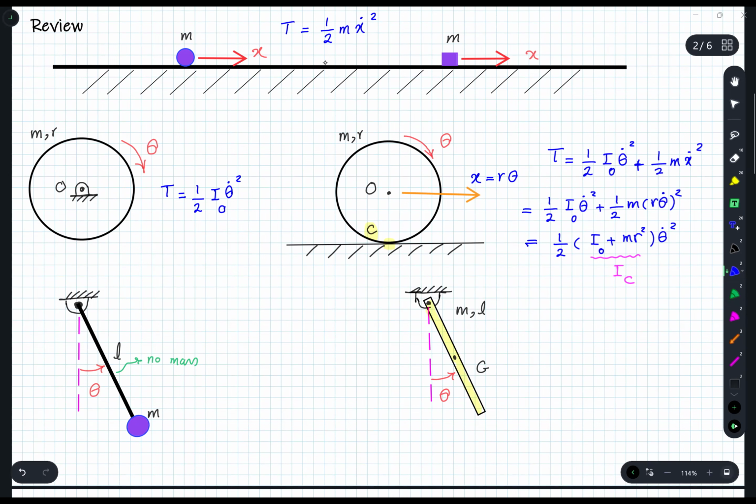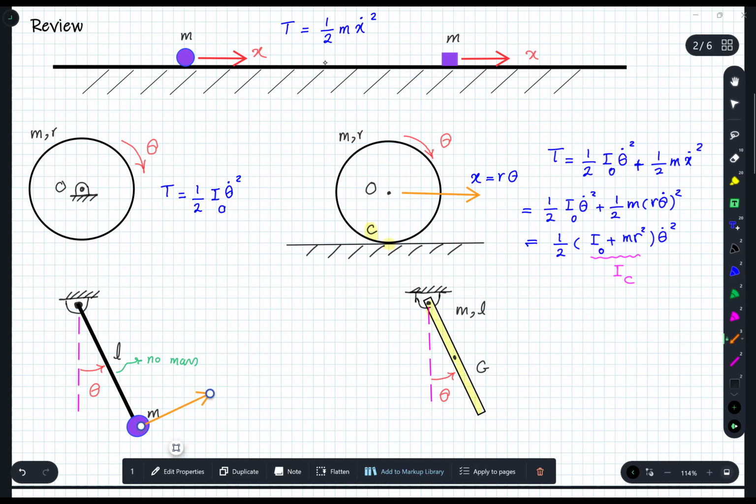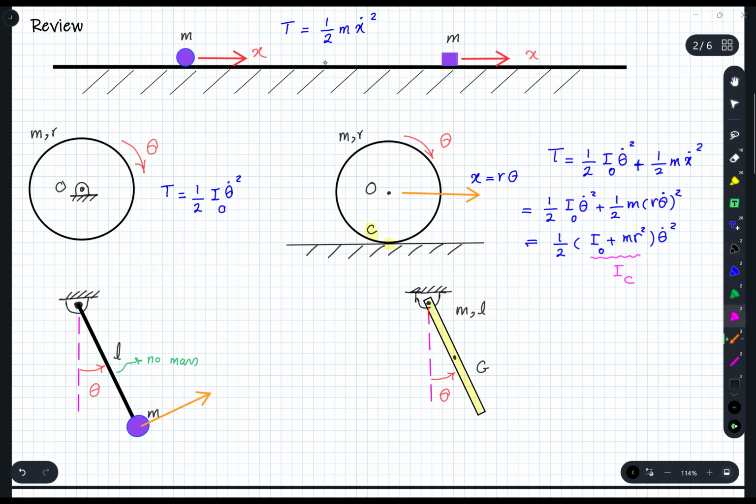And if I find the velocity of that, which is perpendicular to the link, that velocity is L theta dot. Therefore, my energy, T, is half of m L theta dot squared.